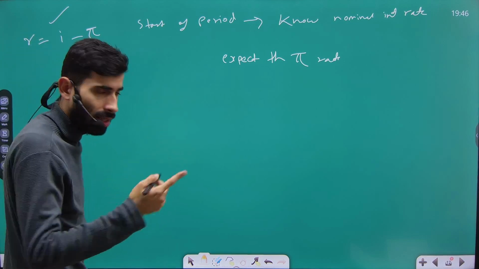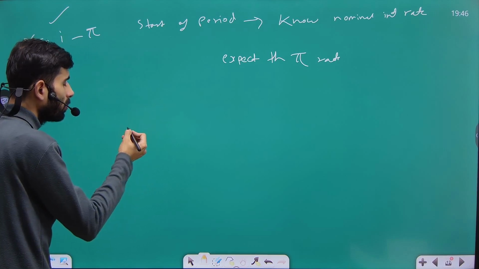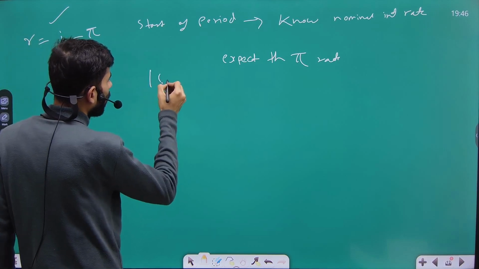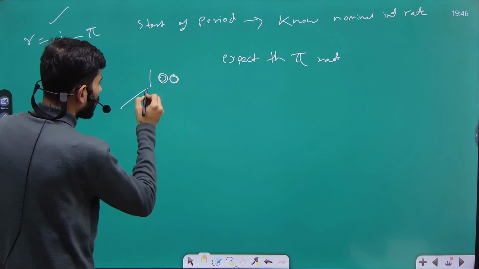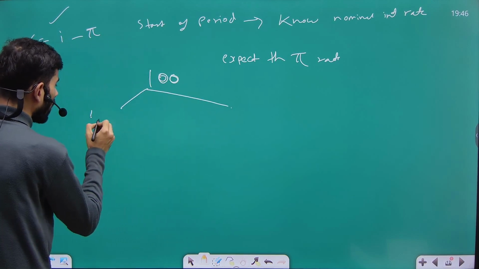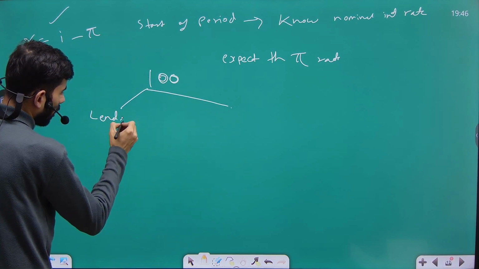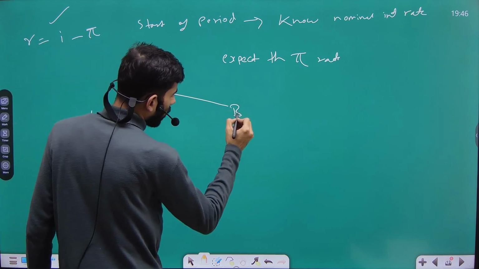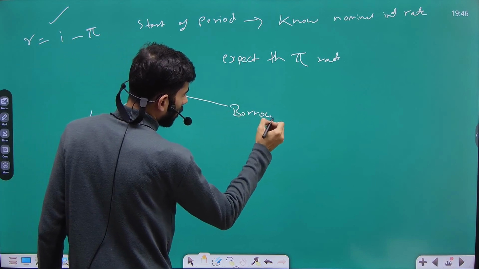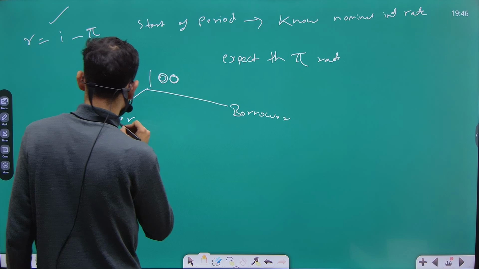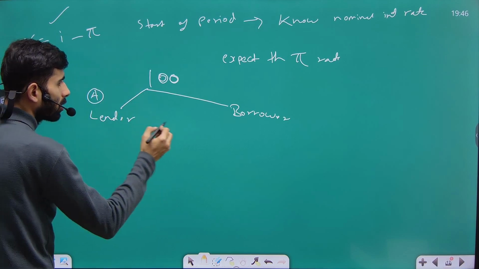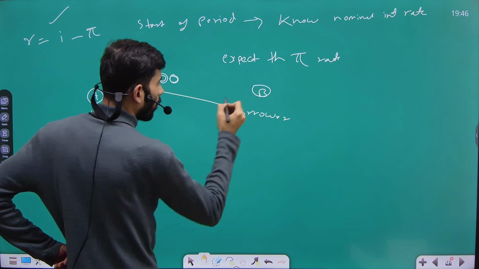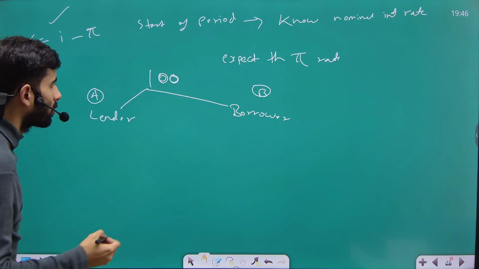Why I'm saying gamble, it will become more clear. Suppose you have 100 rupees and there are two persons. One is the lender and another person is the borrower. This person A wants to lend 100 rupees and person B wants to borrow this 100 rupees.